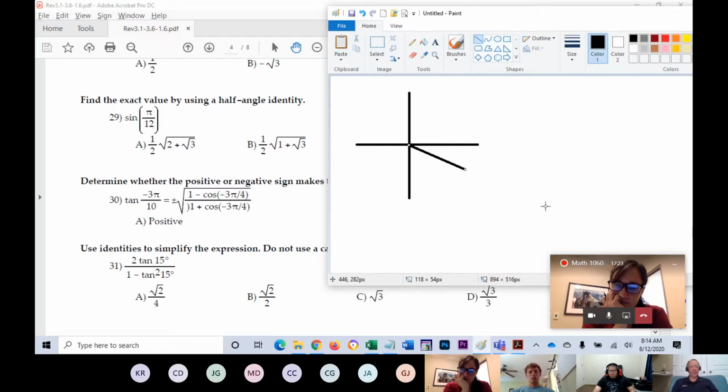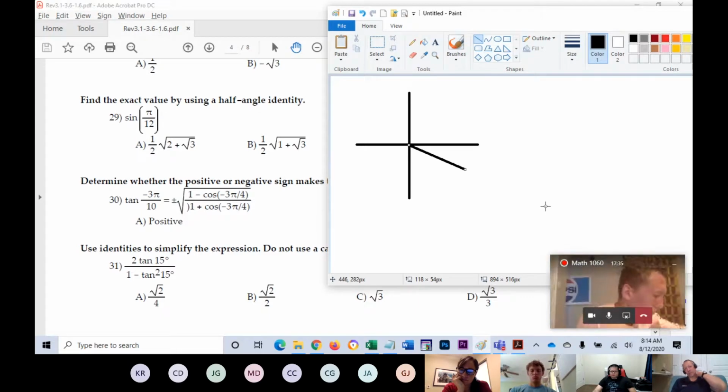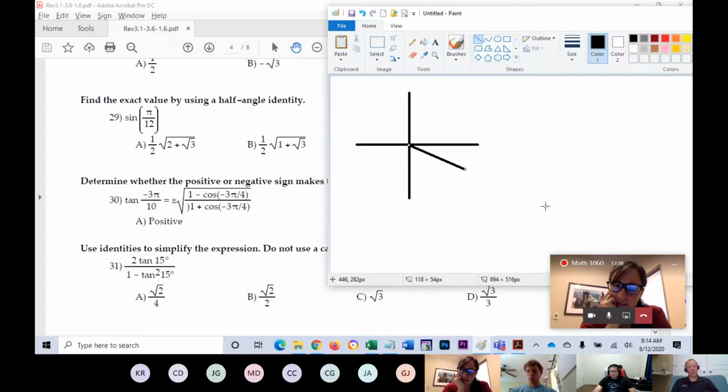That's kind of weird. But negative 3 pi fourths would be where? It'd be in the third quadrant. Maybe second quadrant? Well, it would be the second quadrant if we measured it in the positive direction, but it would be in the third quadrant if we measured it from the negative direction, right? Yeah. Okay.